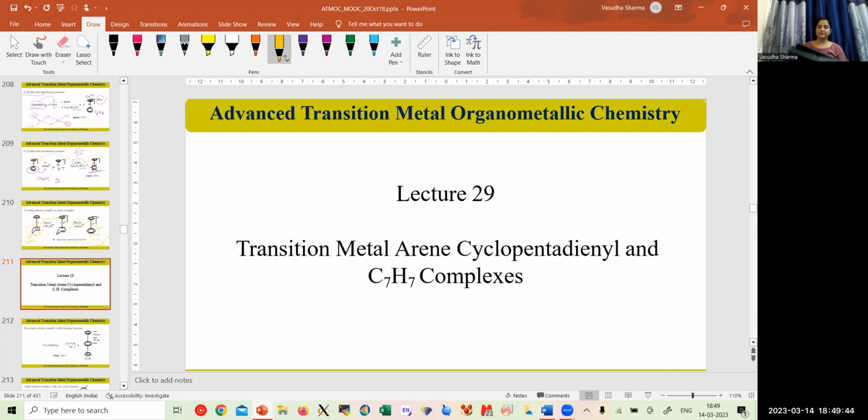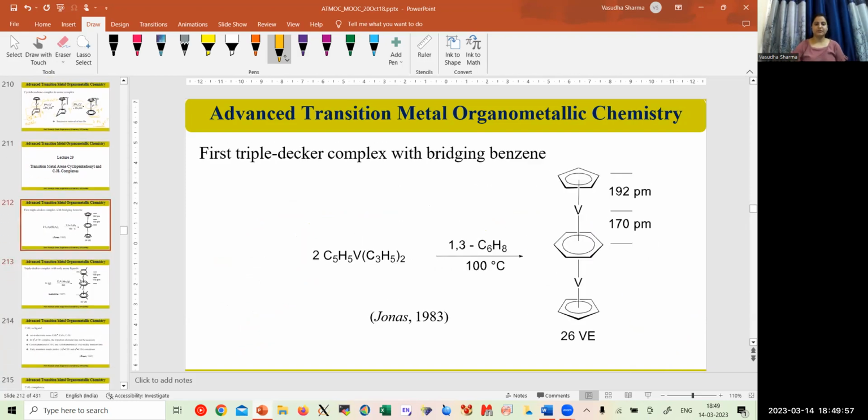Now in lecture 29, we will be looking at some other examples of metal-ligand cyclodiene complex, and a new ligand would be introduced, which is C7H7. Firstly, we will see what was the first triple decker complex. Triple decker is nothing but a sandwich complex where not only one metal but two metals are there, sandwiched between a particular Cp or C6H6.